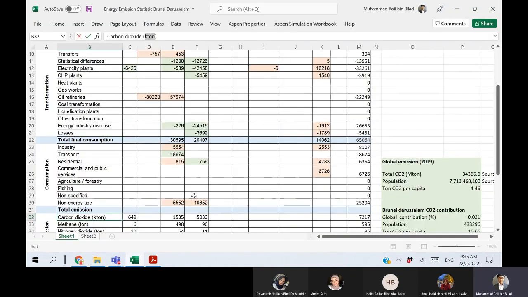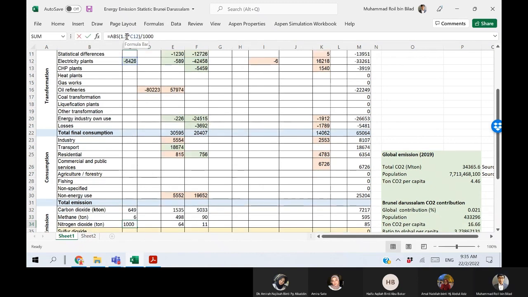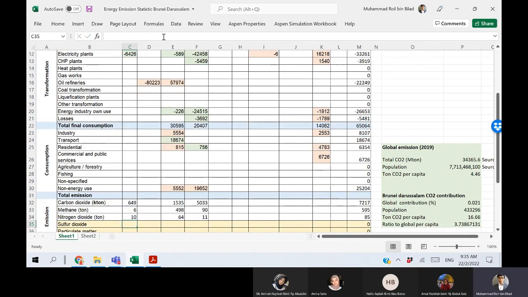So if you look into the Excel, you see here it is 1 for methane, and 1.5 for nitrogen dioxide. Multiply by that. So basically, we finish with coal.